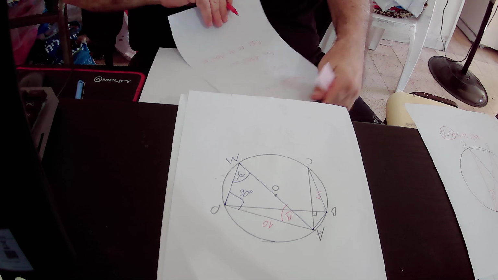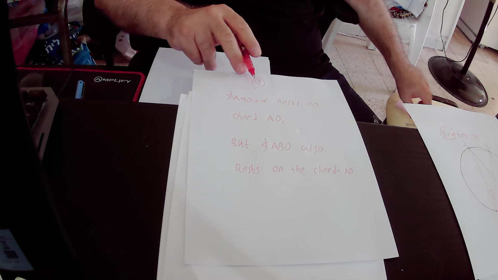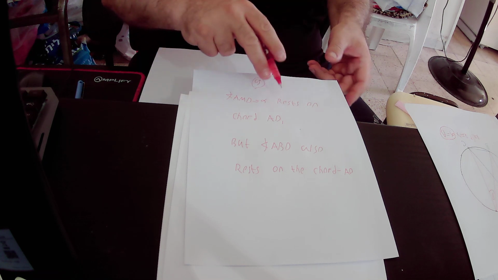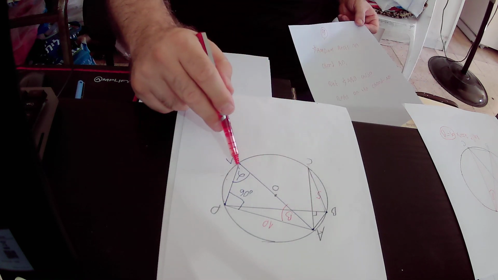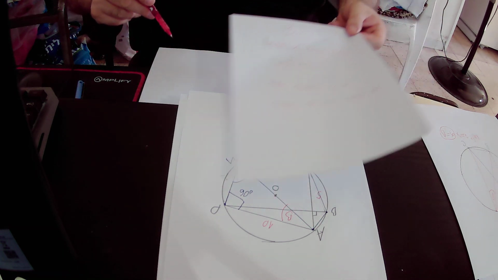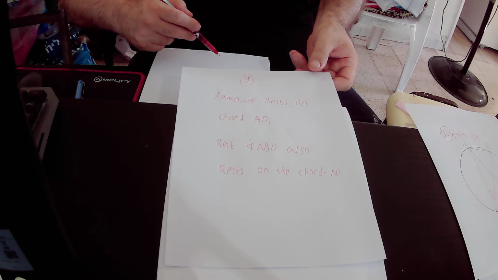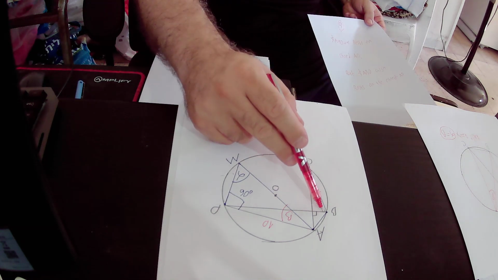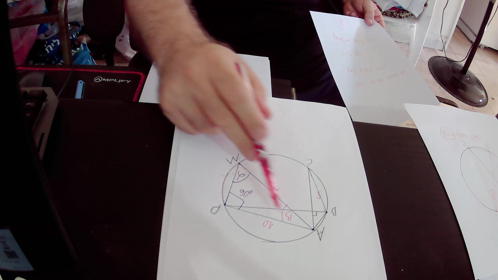So angle AMD, that equals alpha, rests on chord AD, but angle ABD also rests on the same chord AD.